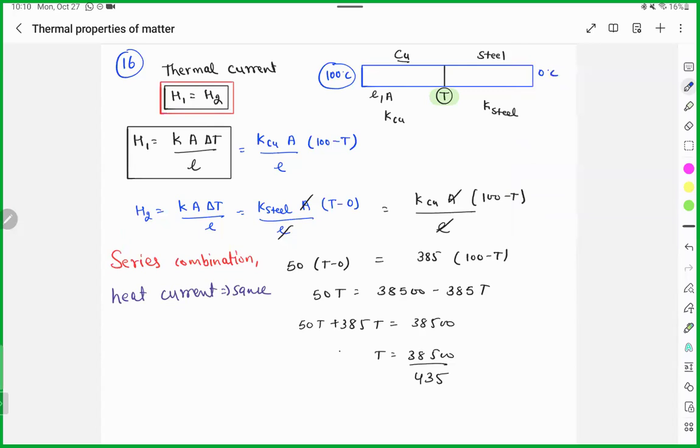No, sir. In series combination, heat current will be same. If heat current is same, you have to put the formula. Area and length are same, you have to find the common temperature. Just put values and then get the answer. Right?